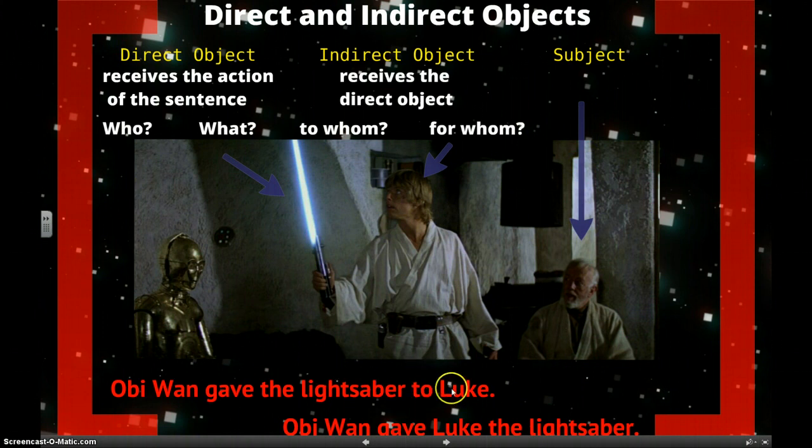So Obi-Wan gave the lightsaber to Luke, or Obi-Wan gave Luke the lightsaber. This one, the pattern is subject, verb, direct object. This one, you have subject, verb, indirect object, direct object. An indirect object will almost always come in between the subject and verb and the direct object.